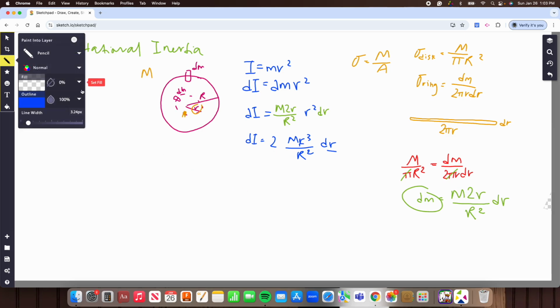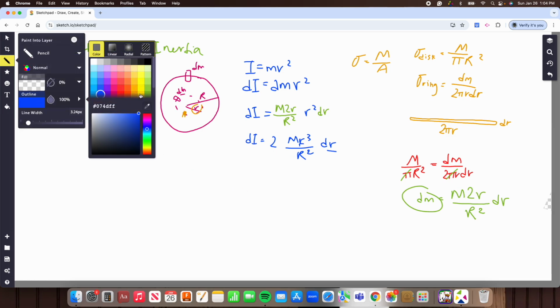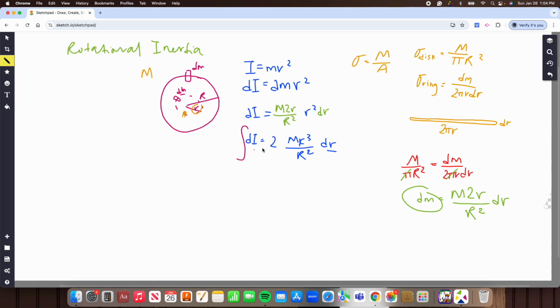Then we're going to take the integral of both sides. I'm going to leave this 2 out because it's a constant. You're going to get I equals, so the 2 stays out, M is a constant, capital R squared is also a constant, so I'm going to keep all this out.